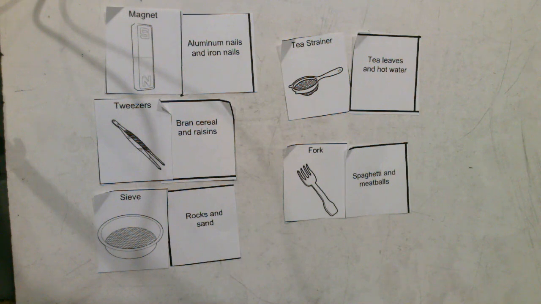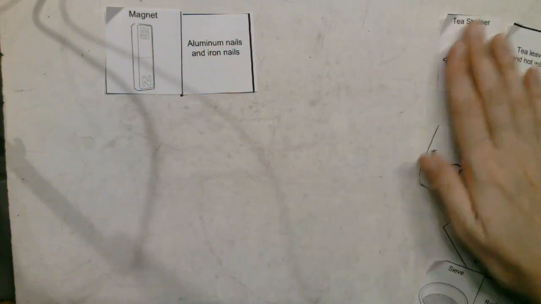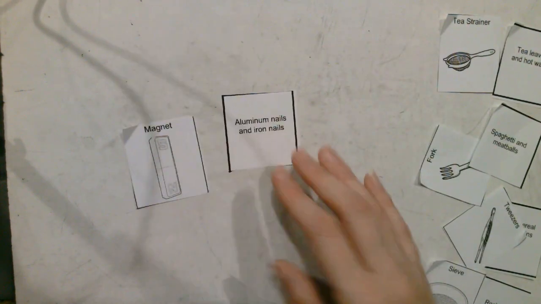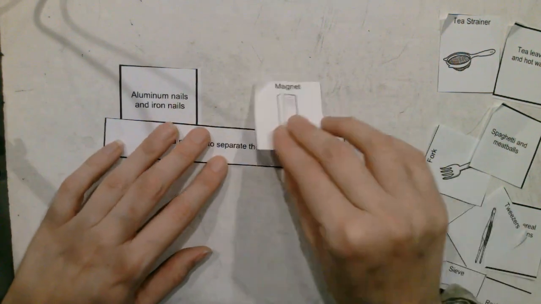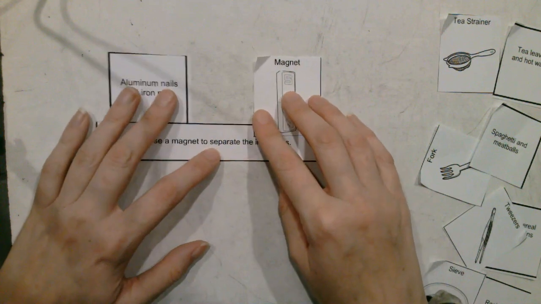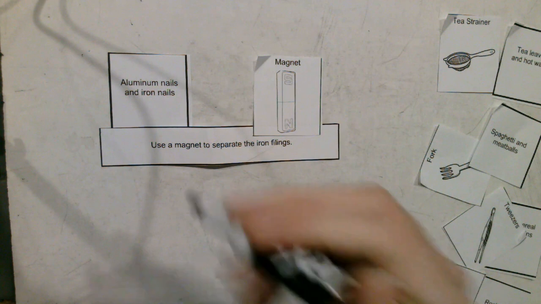There's also a separate game that if you have time, you'll be able to use different tools to show how you use the tool to separate the items. For example, the aluminum nails and iron nails. If we use a magnet to separate the iron, we could show what our two individual ingredients would come out to be.